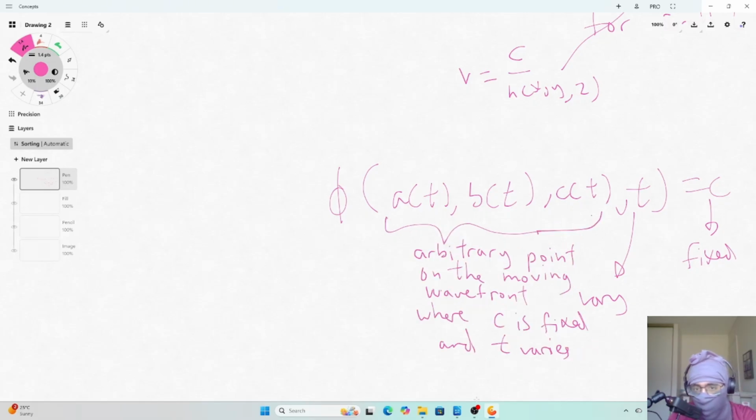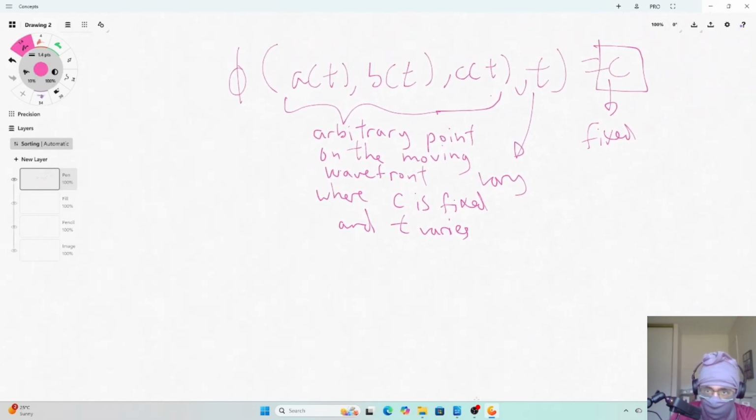So you're looking at a point on the wavefront, and the wavefront is moving as time varies, and you fix the condition that the value of phi, the value fixed on that wavefront, is the same as time varies.